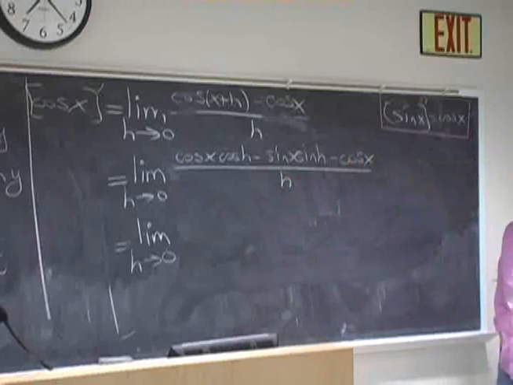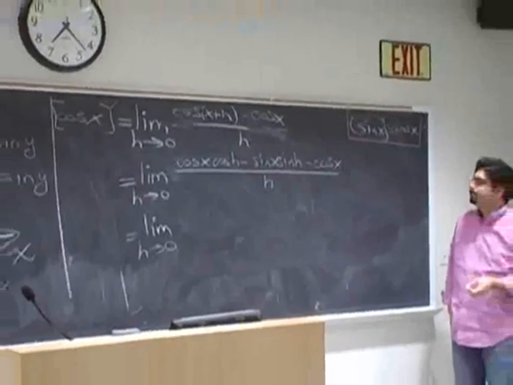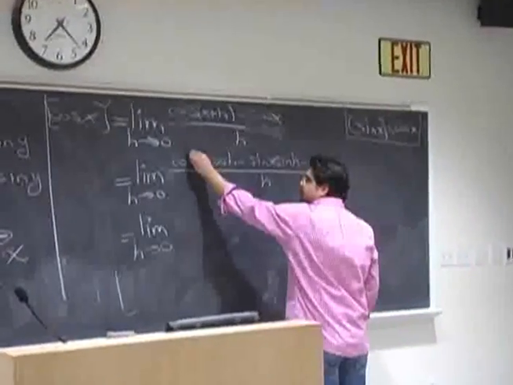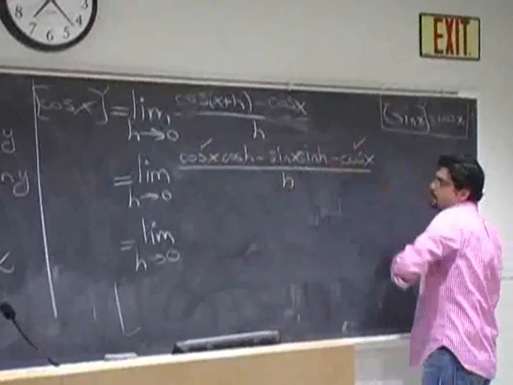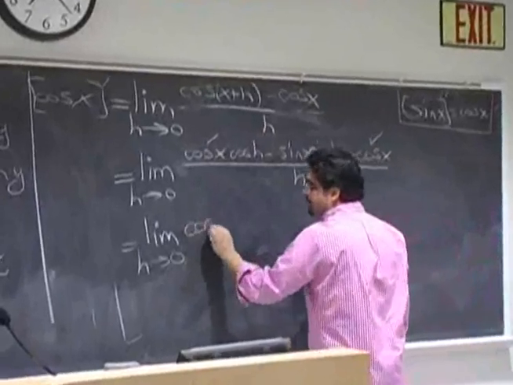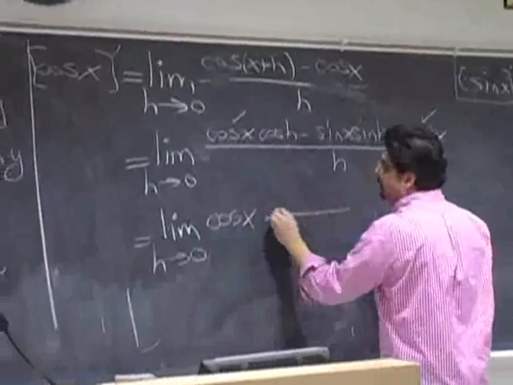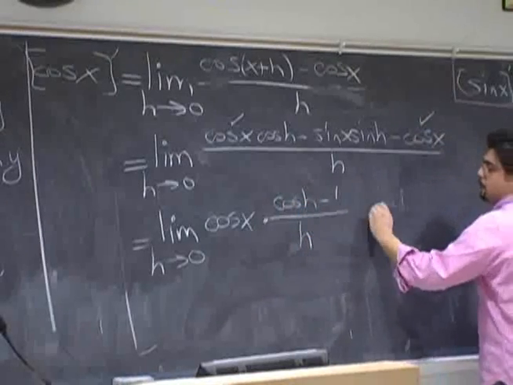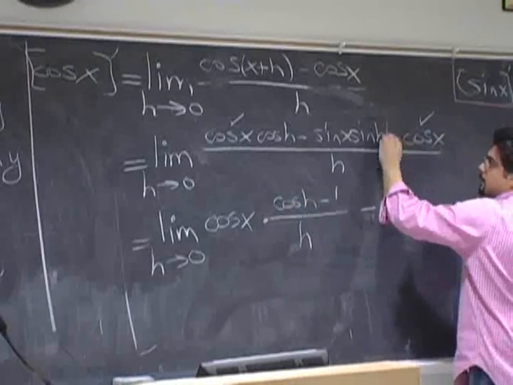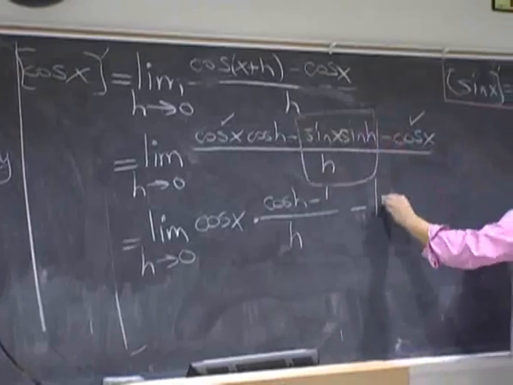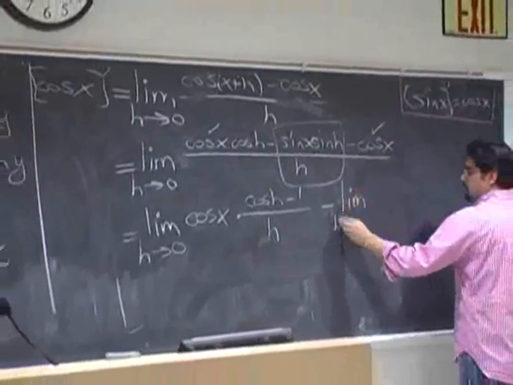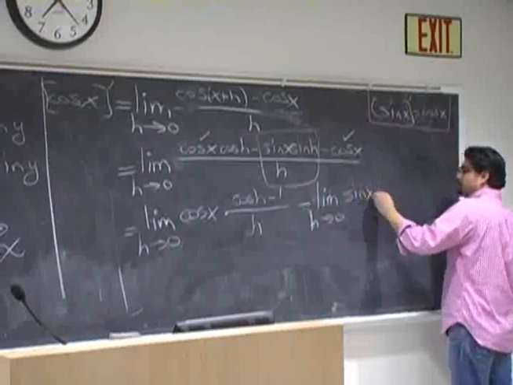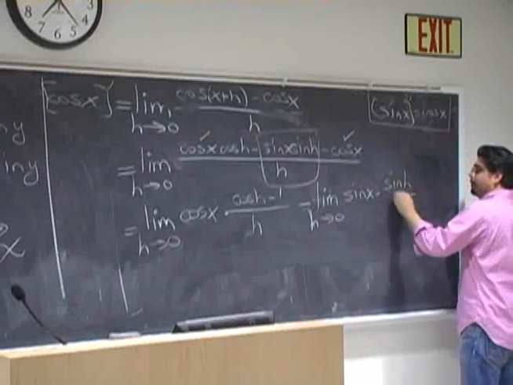And we can use similar algebra here. In other words, cosine x is common to these two terms. You would say cosine x times the quantity (cosine h minus 1) over h, minus, we're talking about this term now, the limit as h goes to 0 of sine x times sine h over h.